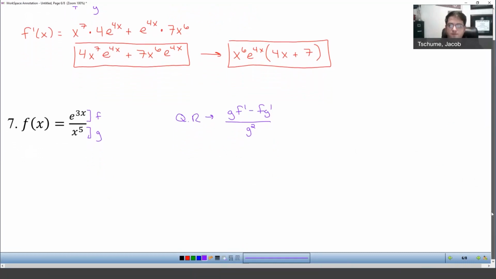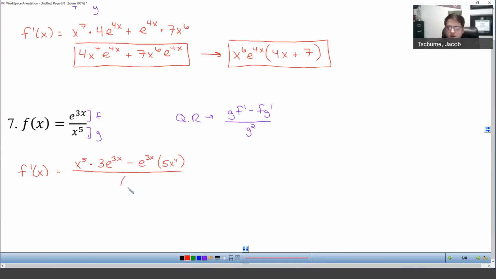So if I go through this formula and take my derivative, f prime of x will be my g function, which is x to the fifth, times the derivative of f, which would be 3e to the 3x, minus f, which is e to the 3x, times the derivative of g, which is 5x to the fourth, all divided by g squared. So x to the fifth, all squared.